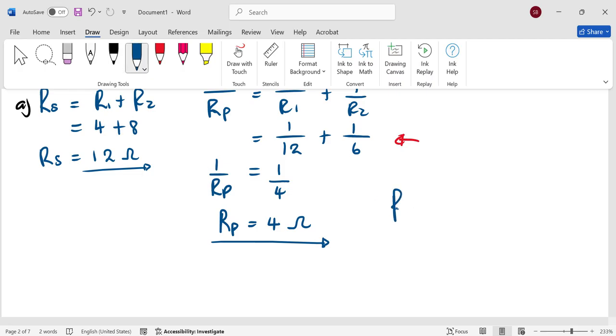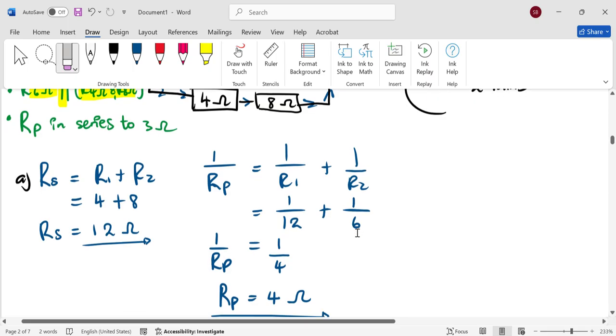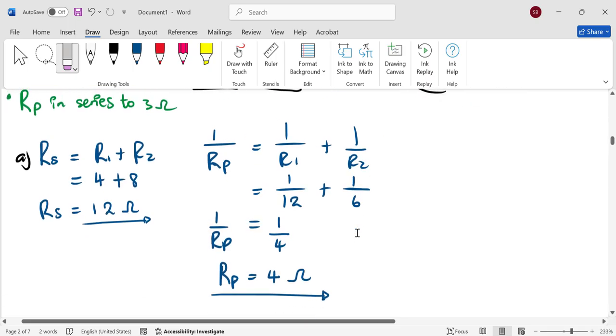So notice that Rp in this particular case is less than 6, because Rp is 4 and 4 is less than 6. Okay, I really hope you guys are seeing that.